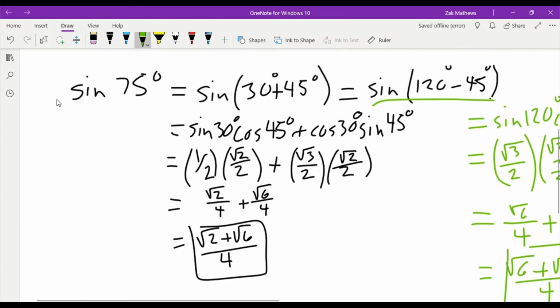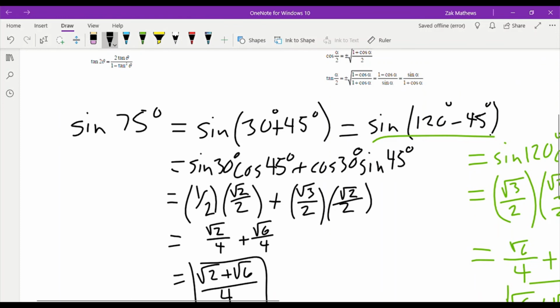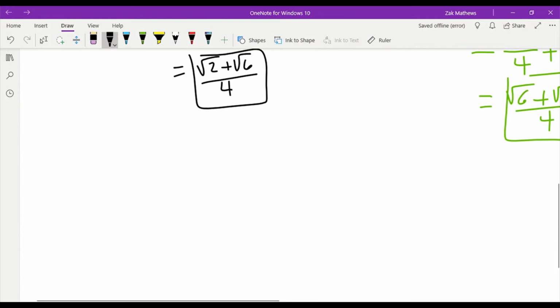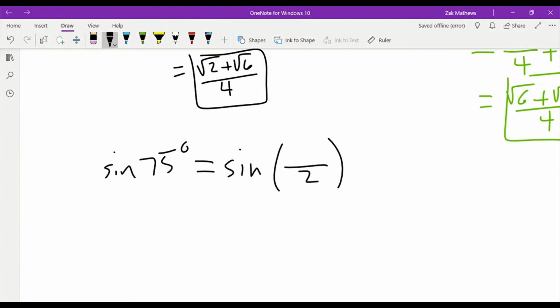Now, there may have been another way you recognize to do this one besides just adding and subtracting values. We could have also taken half of a value to get to 75. So let me rewrite my problem. We had sine 75 degrees. And we want to think to ourselves, half of what would give us 75?